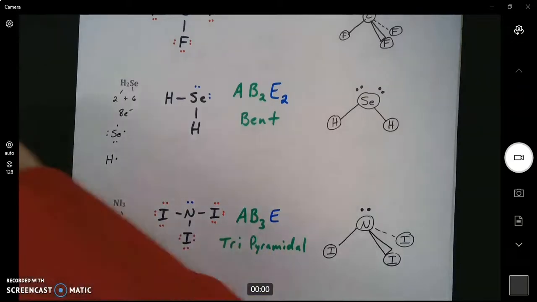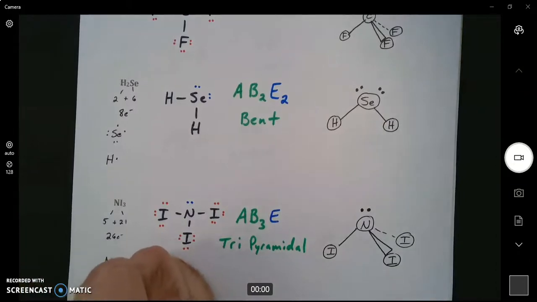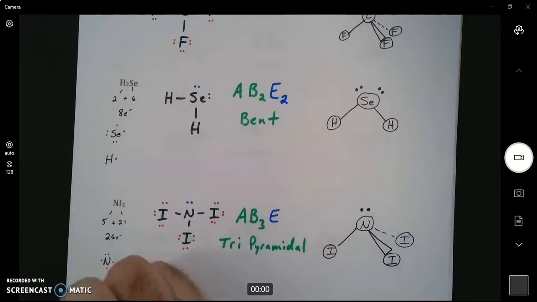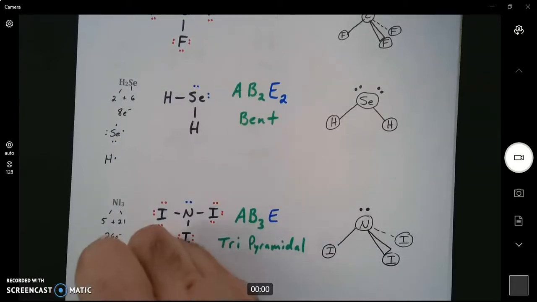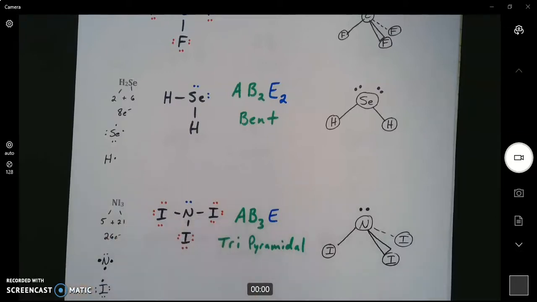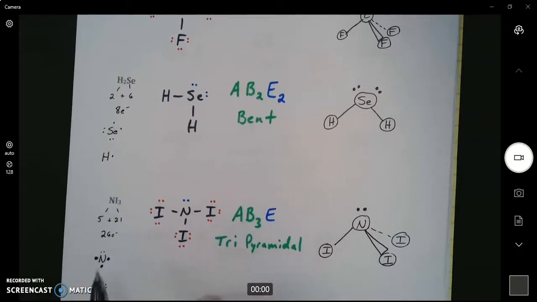Nitrogen's going to go in the middle, and that's because it has 3 bonding sites compared to iodine's 1 bonding site. Iodine has 7 valence electrons and 1 unpaired electron. Nitrogen has 1, 2, 3 unpaired electrons. The one with the more bonding sites is going to go in the middle.